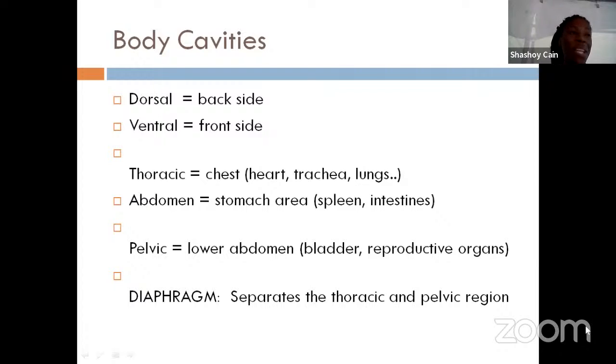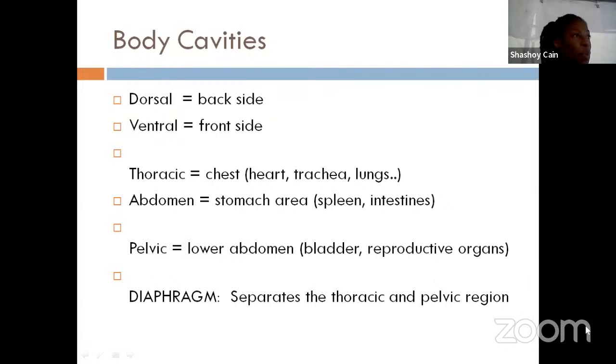So we have different body cavities. We had looked at some before, in previous studies. We have the dorsal, which is the back side, the back. We have the ventral, which is the front side, the front, right? Thoracic cavity, which is the chest, includes the heart, trachea, and lungs.